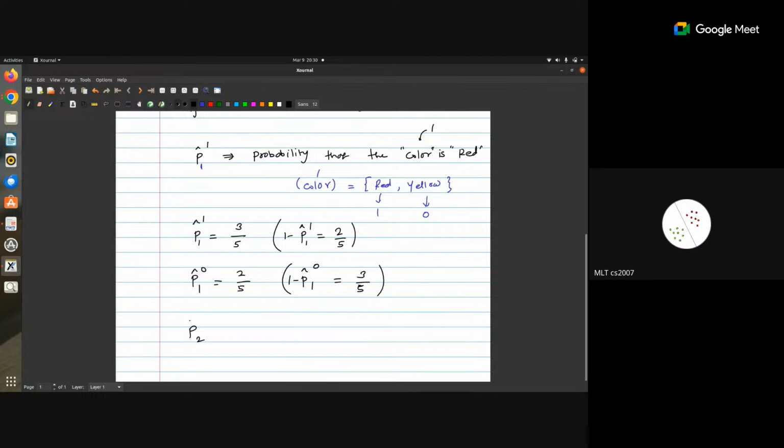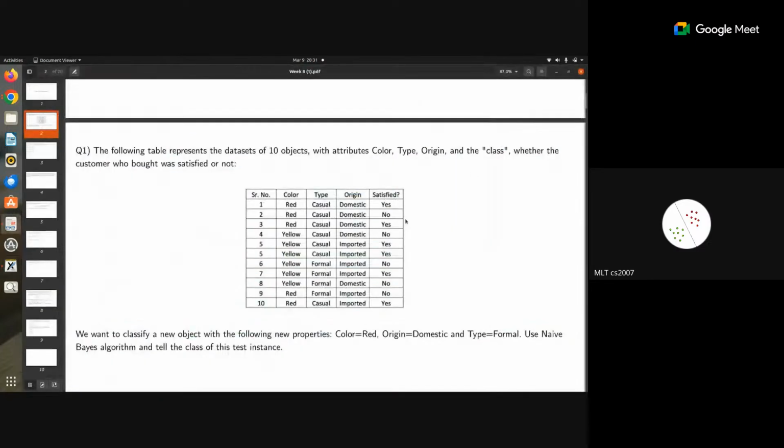So second feature, and if first label, yeah, so let's say j equals 2 here, and let's say y. Or maybe I'll write down 1. So what is the probability that the second feature here, type, is, let's say, casual?